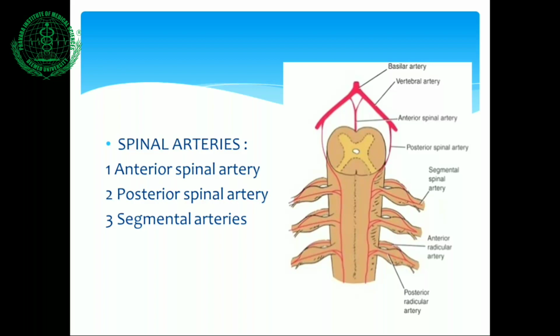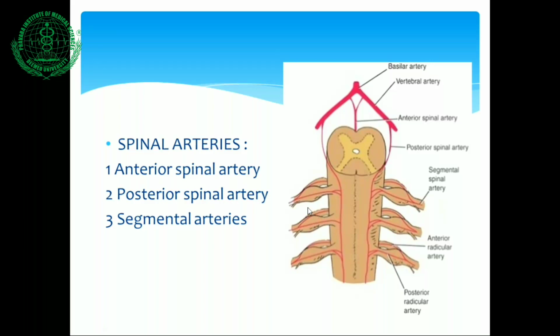Among which here you can see this is the anterior spinal artery. It arises from spinal branches of vertebral arteries. The anterior spinal artery runs through the anterior median fissure. So here you can see this is the anterior median fissure through which the anterior spinal artery runs forward. The anterior spinal artery provides the arterial supply to the anterior 2/3 of anterior aspect of spinal cord.